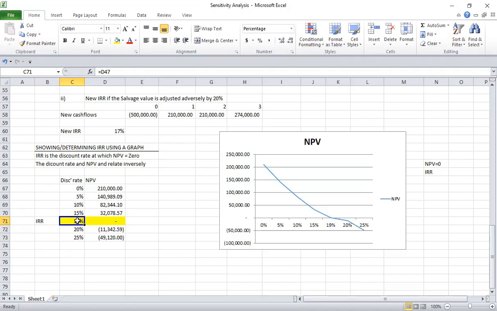On the x-axis, you must have the independent variable. In this case, the percentages are what determine NPV, which in this context is the dependent variable. So you must always ensure that on the x-axis you have the independent variable. Okay, thank you.